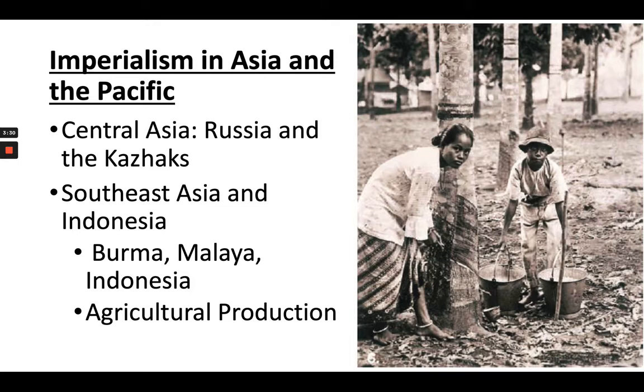The colonial regimes would use Chinese and Indian laborers and introduce new crops to these regions. They increased the agricultural production and provided peace and a reliable food supply that really will fuel a rapid population increase in Southeast Asia.